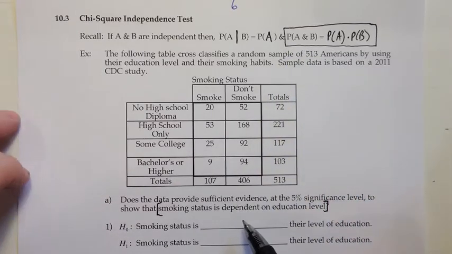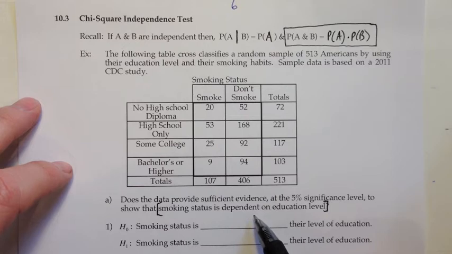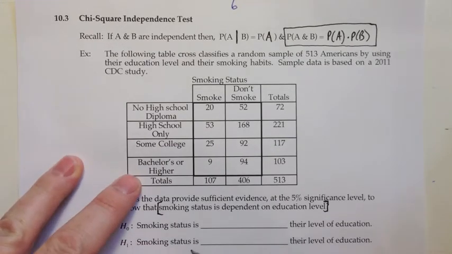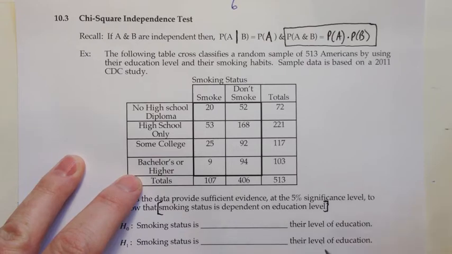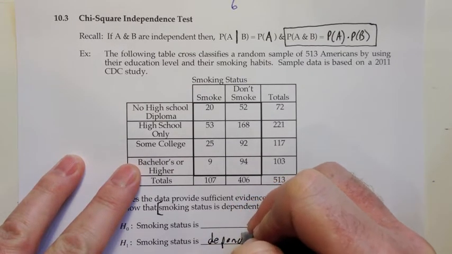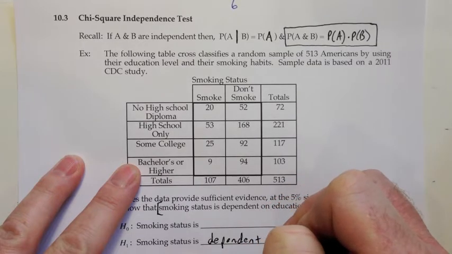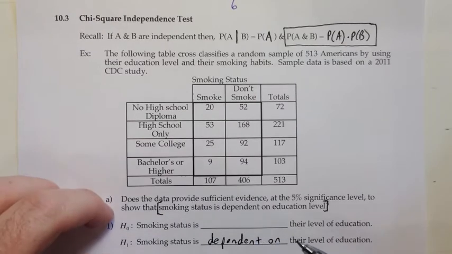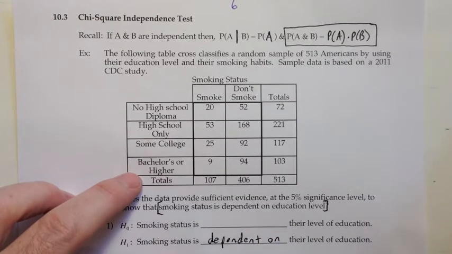So since independent creates equality, dependent is the not-equals type of word, and that's going to go in H1. So H1 is that smoking status is dependent on their education level. And then we need the equality idea in H0, and that would be independent of. So H0 is that smoking status is independent of their level of education.